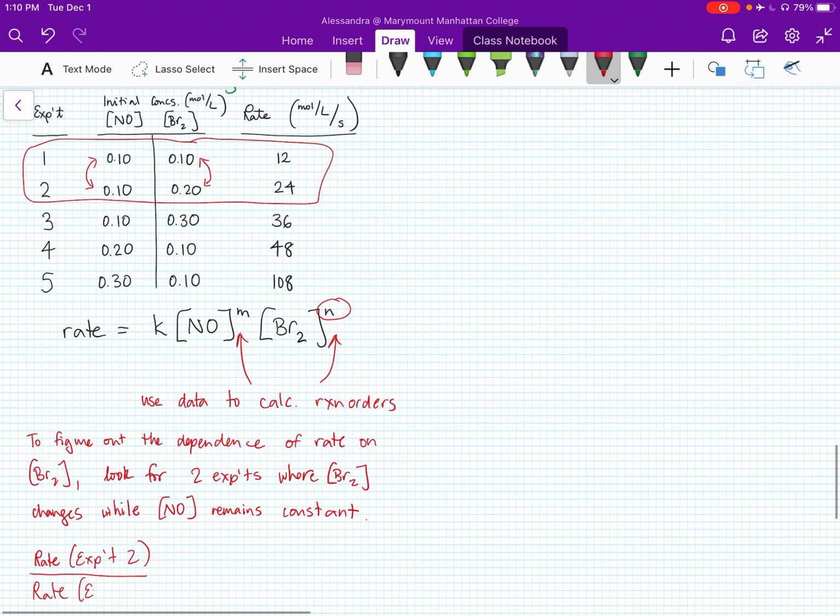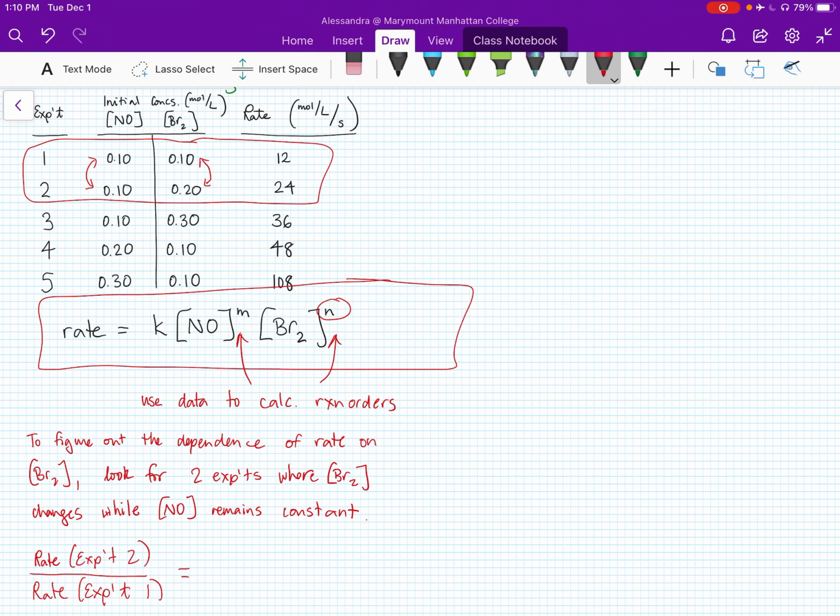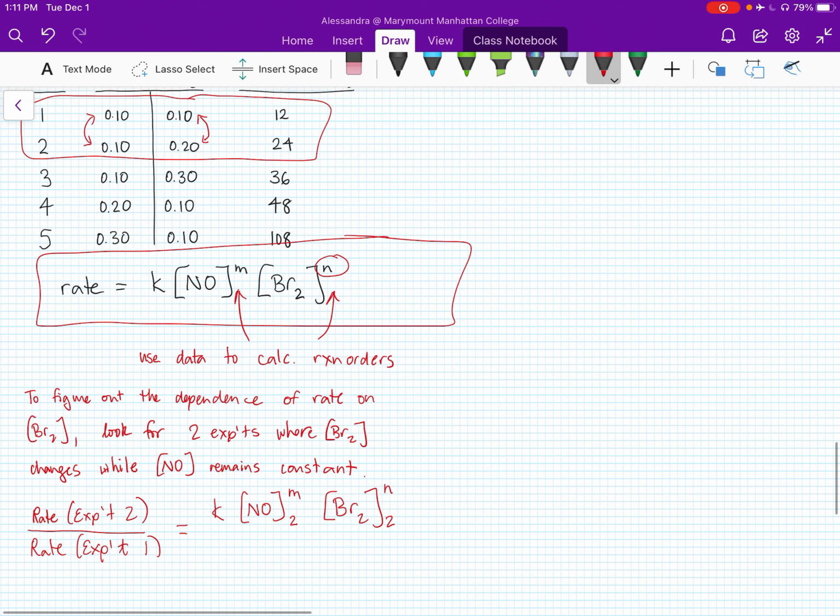The reason I want to do that is because I can set up a situation where I can cancel out everything except bromine, because the rate comes from this relationship here that I just wrote. So I can plug that in: K times the NO concentration for experiment 2 raised to the M power times the bromine concentration for experiment 2 raised to the N power, all over the same thing for experiment 1.